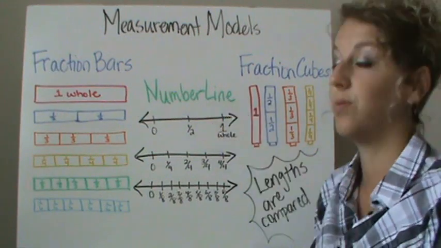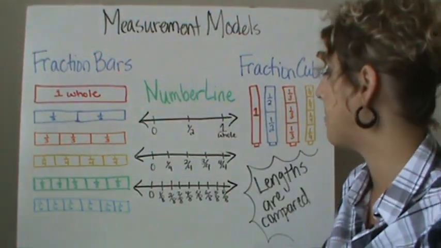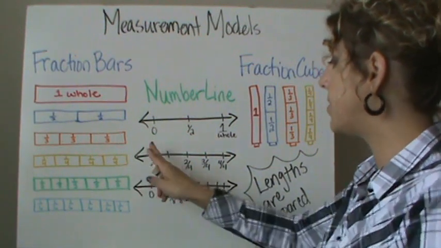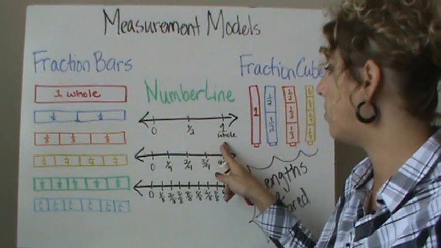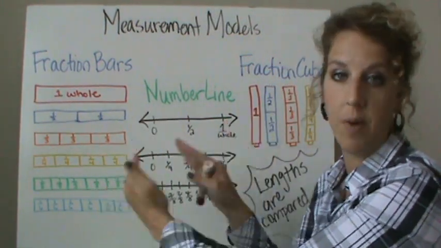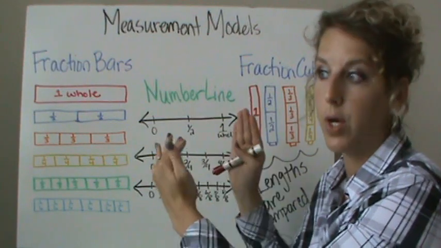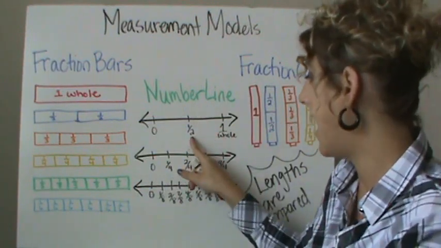A number line is a really cool way to compare different fraction amounts. Look at the benchmarks 0, half, or 1/2, and a whole, thinking back to your one whole being 1 whole candy bar, 1 whole book. And then you can cut it in half.